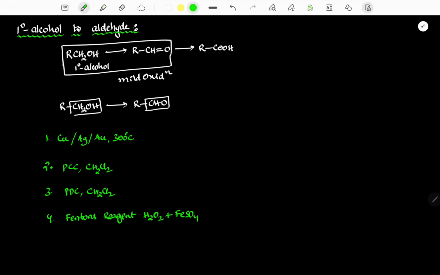And fifth one, Oppenauer oxidation: aluminum isopropoxide and acetone. So this is the Oppenauer oxidation reagent.